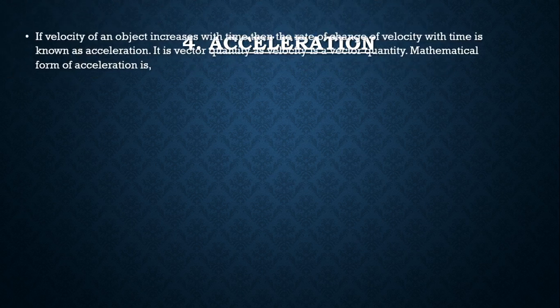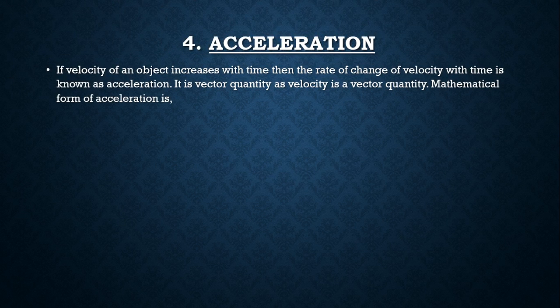Acceleration. If the velocity of an object changes with time, then the rate of change of velocity with time is known as acceleration. As velocity is a vector quantity, acceleration is also a vector quantity.